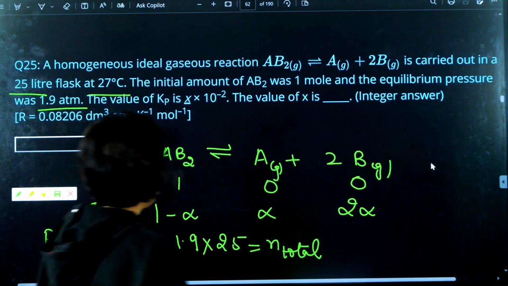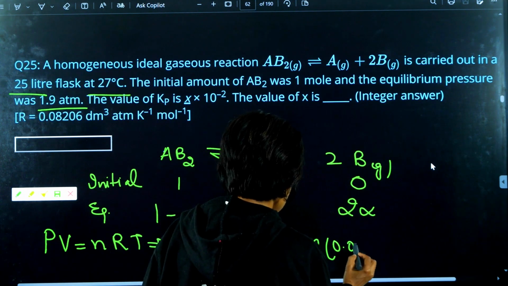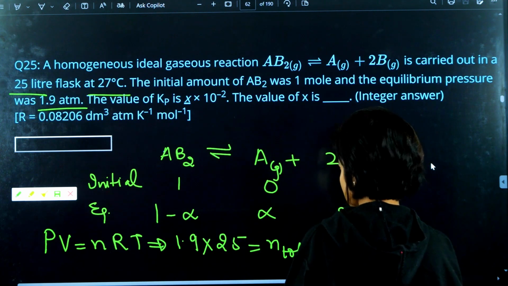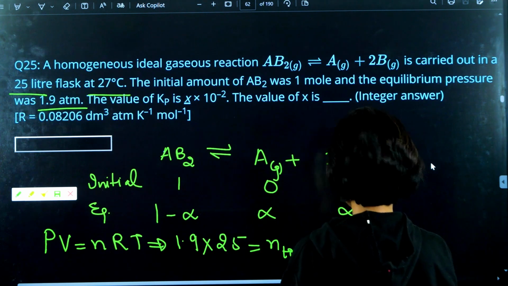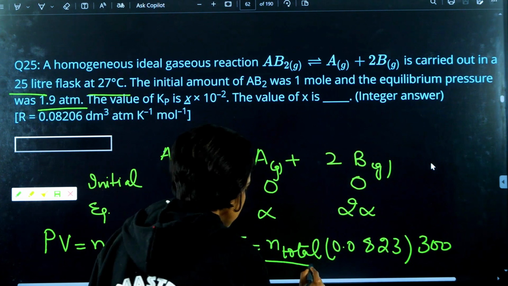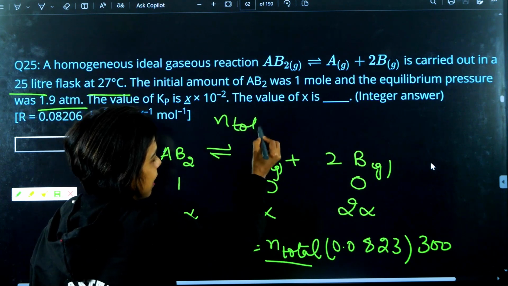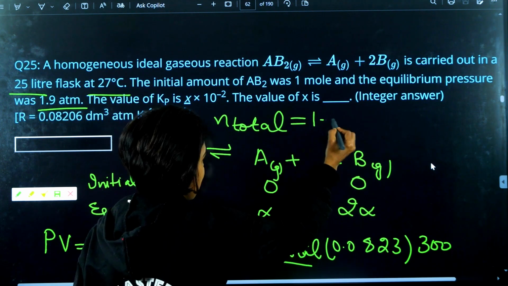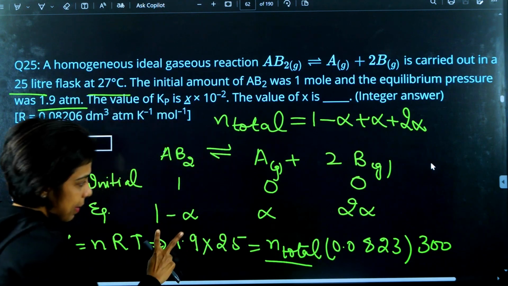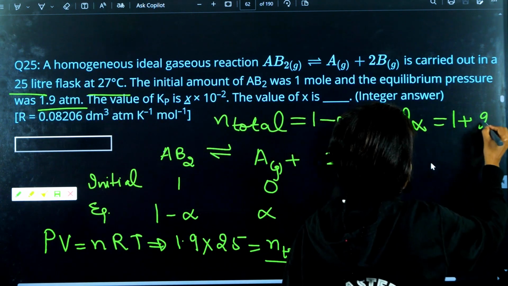The R value is given to you, though you know what R is. Temperature is 27 degrees Celsius, that is 300 Kelvin. So you can calculate the moles of gas at equilibrium. The total moles at equilibrium is 1 minus alpha plus alpha plus 2 alpha, that is equal to 1 plus 2 alpha.